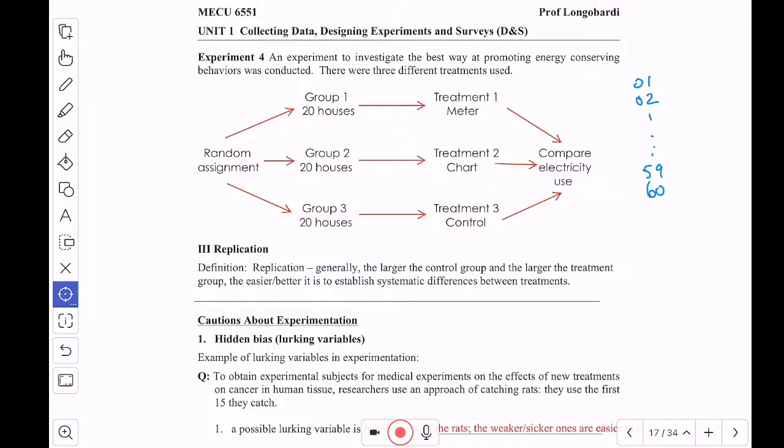The first group will get this treatment 1, which is they'll be interviewed, or they'll be introduced to the study and told that their meter will be randomly monitored. Somebody will visit and check their electricity meter.